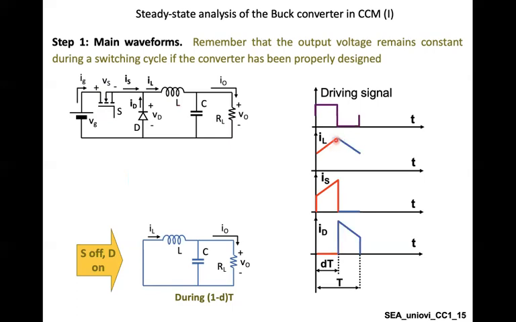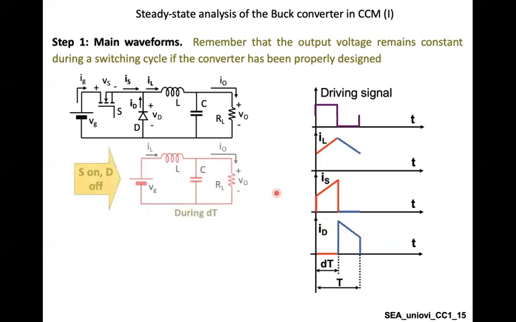So the current in the inductor is going to decrease, as you can see here. And as you can see, the current in the inductor is typically the same as the current in the diode, because as you know, no current is flowing in a capacitor. So the current in the inductor is typically the same as the current in the diode. That's why, as you can see here, IL and ID are typically the same.